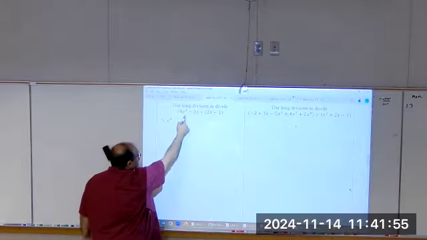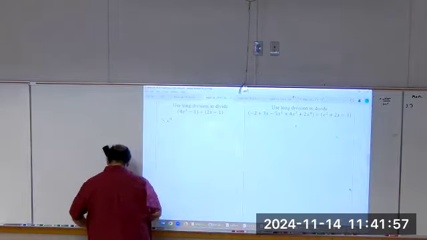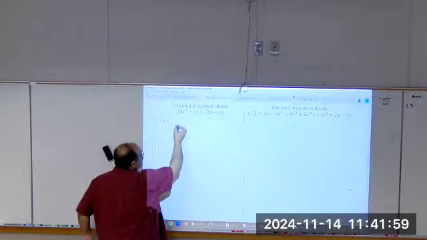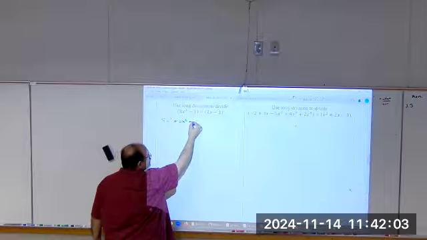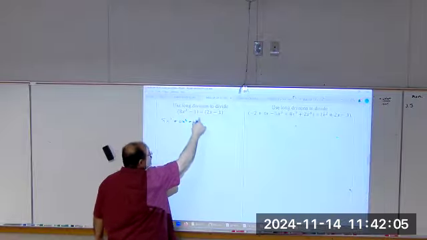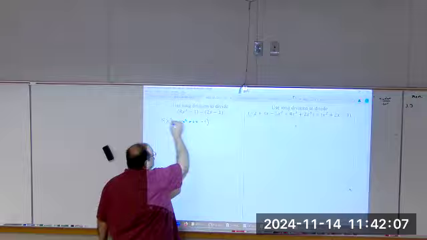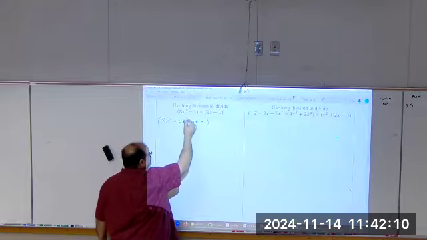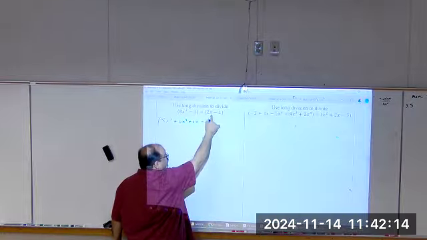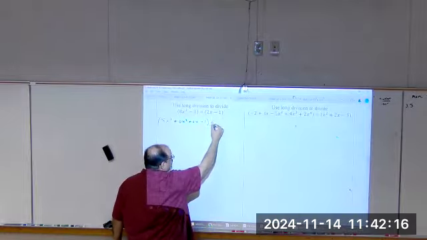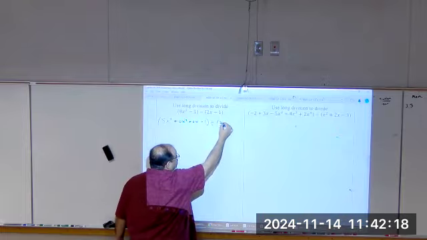8x to the third, I need an x squared, so it will be 0x squared. I need an x to the first, so 0x, and then there's my constant, minus 1. And then divided by 2x minus 1, which has x to the first and x to the 0, so I'm not missing any powers here.